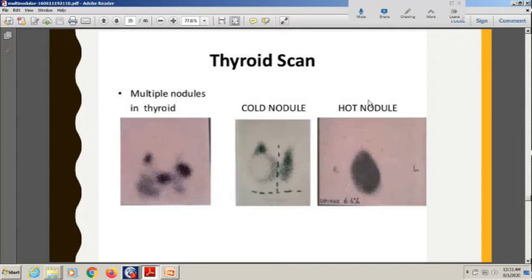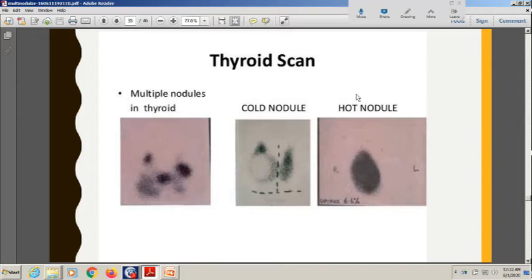it will be taken up by the whole thyroid gland. But in a hot nodule, because of the toxicity of the nodule, the normal surrounding tissue is inactive. So only the overactive part of the nodule takes up the iodine, and it will look like this.